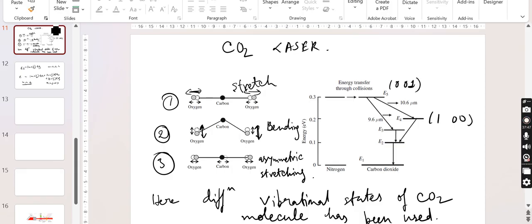So some carbon dioxide molecules can vibrate in symmetric stretching, some can vibrate according to asymmetric stretching. So for this reason, this transition can happen between E5 to E4.